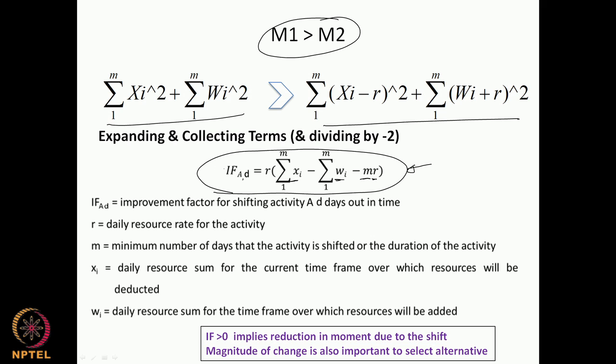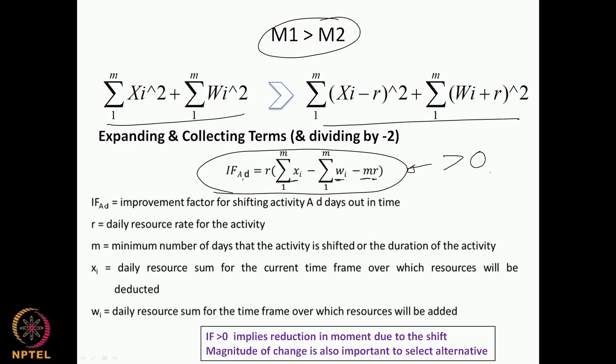So this is the improvement factor, and what we would like to say here, as highlighted, is that an improvement factor greater than 0 implies a reduction. If I calculate this improvement factor after a shift and find that it is greater than 0, that means there is a reduction in the moment of the histogram.